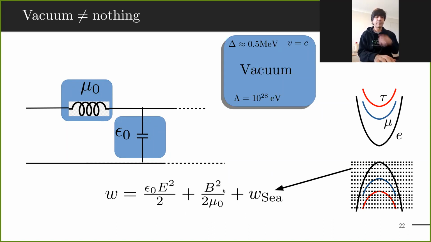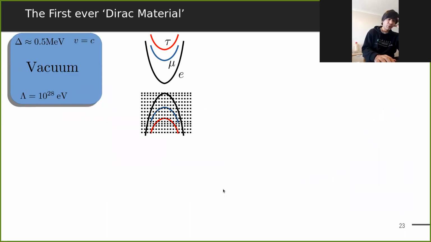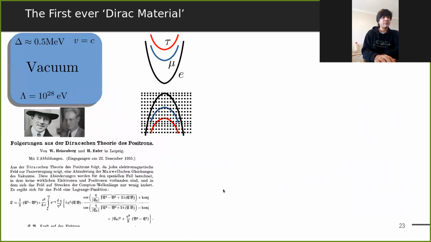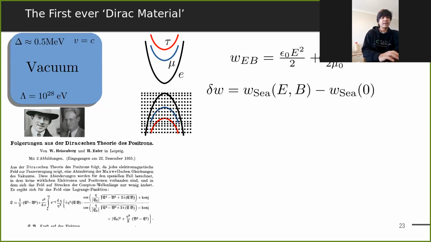However, quickly after Dirac wrote his famous equation, Heisenberg and Euler realized, wait a second, we have this vacuum component, electric field and magnetic field energy density. But then these states that are occupied, they also respond to external electric and magnetic fields. So it's not like a constant.